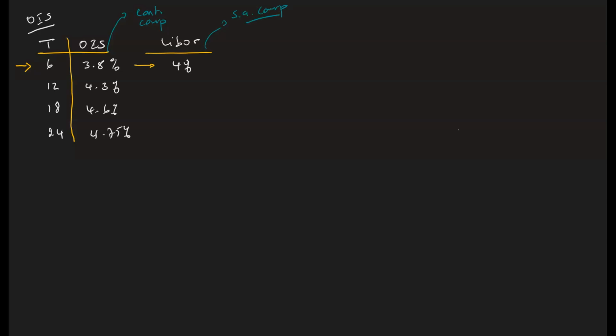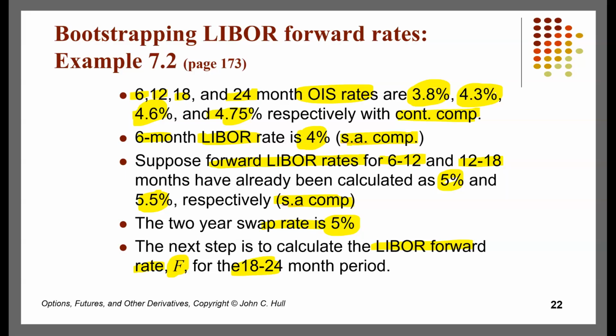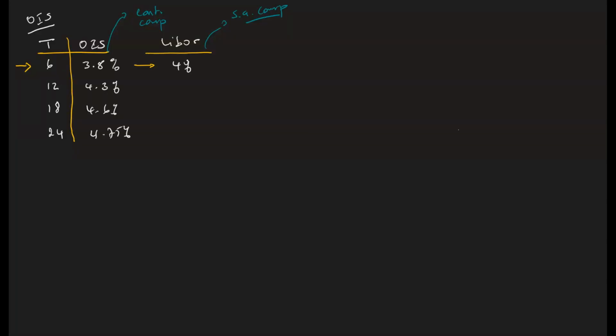We are also told that the forward LIBOR rates have been computed for us, and they are 5% and 5.5% for the 6 to 12 and the 12 to 18. So we were lucky and somebody computed this for us, and that was 5% and 5.5%.